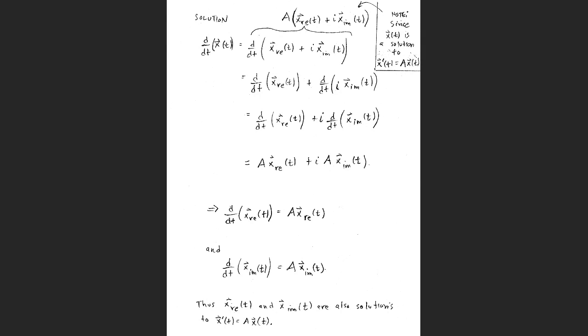So, x of t is equal to x real of t plus i times x imaginary of t.